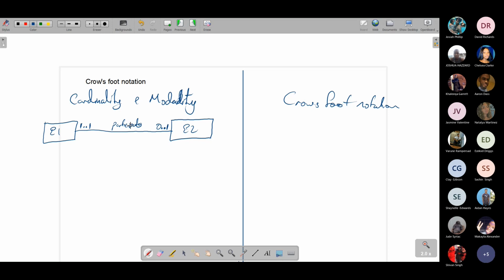Entity 1 participates with 0 or 1 instance of entity 2. So it's telling me that entity 1 may have an entity 2 associated with it, or it may not have an entity 2 associated with it. But it's telling me here that entity 2 must have an entity 1 associated with it.